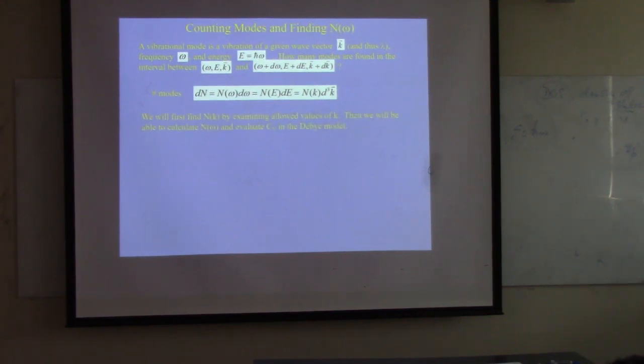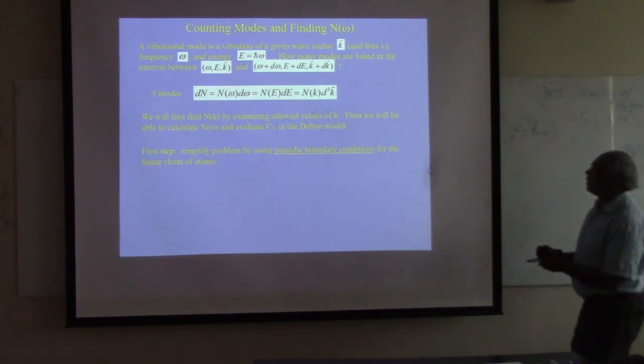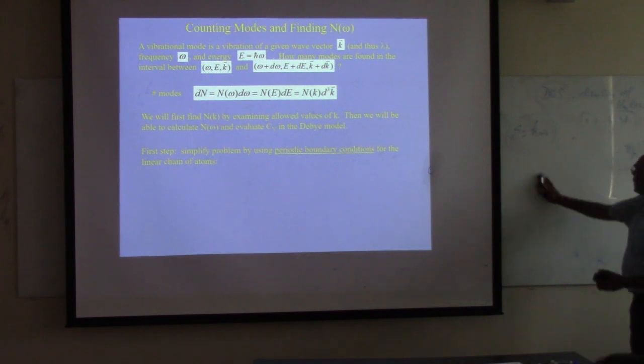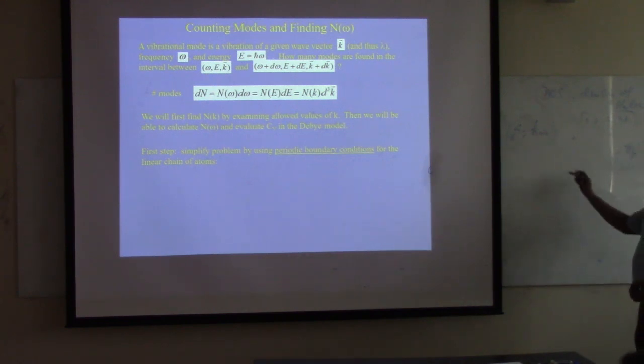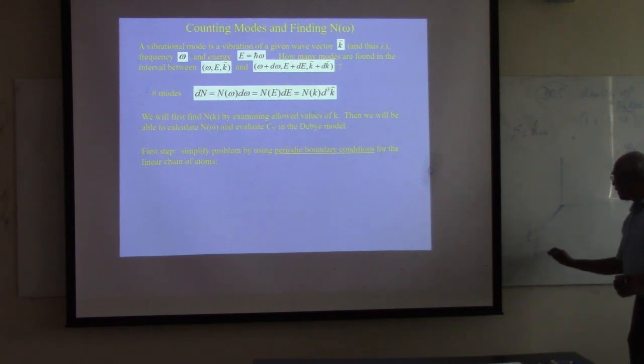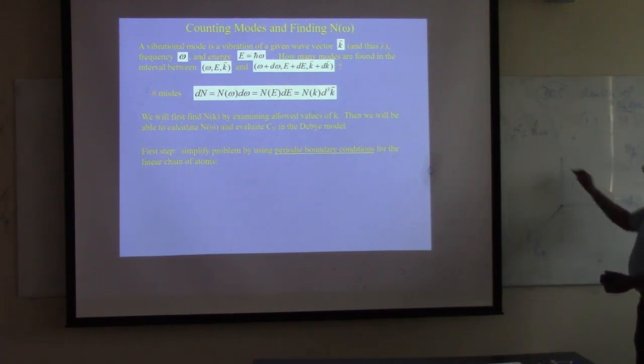So now, how do you calculate this N(k)? To do this, we need to create some space. We call this a k space, so it can be kx, ky, kz.